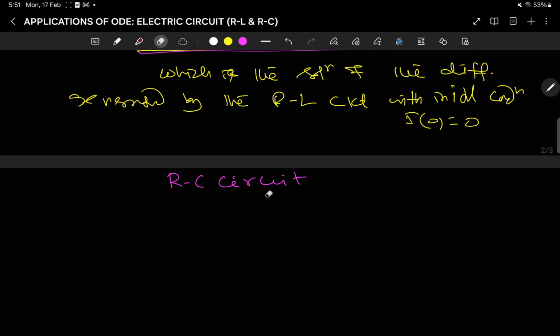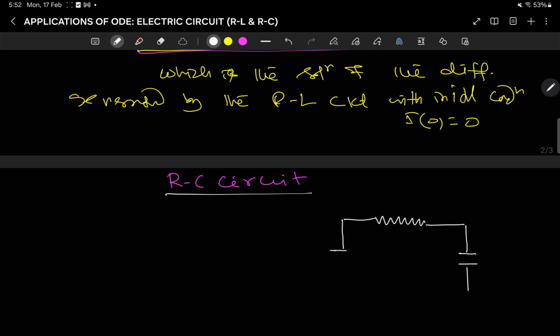Similarly, for the RC circuit, you have the resistance R and the capacitance C, and we have a battery and a key.